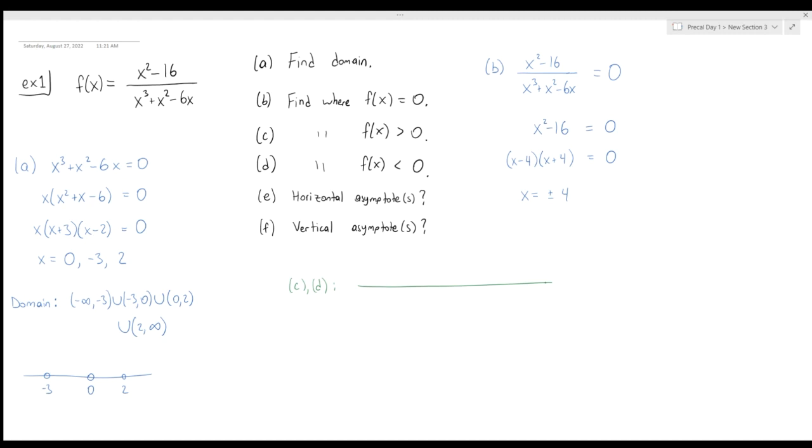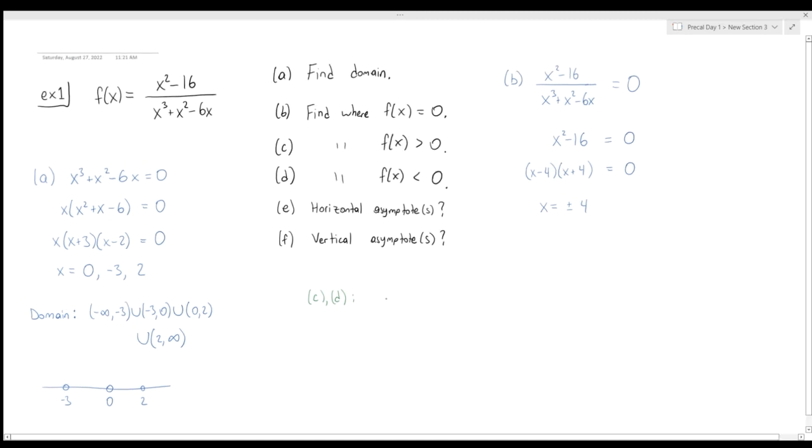Now, when you're making the sign chart, you want to first restrict your attention to the domain of your function, because you don't want to consider x equals -3, 0, or 2 if your function is not defined there. So I'm going to first draw the domain of my function. And then I still want to label the zeros that we found as well.